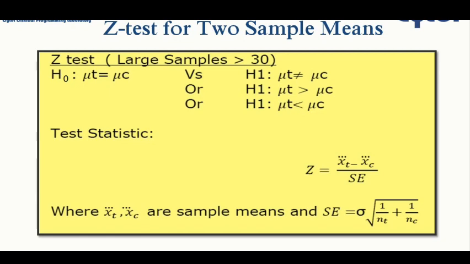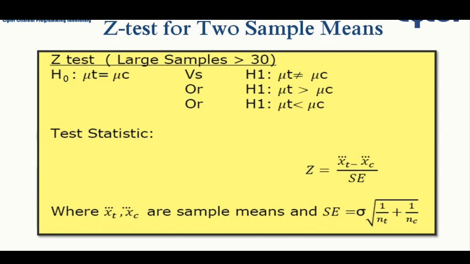Let us see some examples so that things would be clearer, because we learn better from examples than just concepts. Now I am considering a Z test, where Z is meant for normal test. Z test for two sample means.